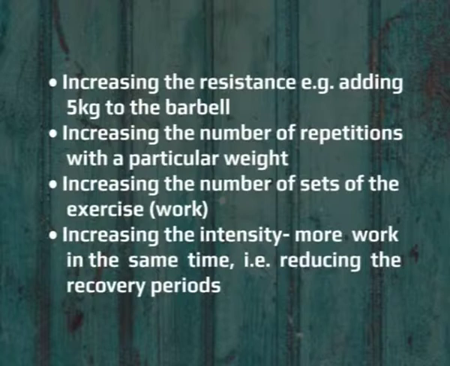Number 2, increasing the number of repetitions with a particular weight. Number 3, increasing the number of sets of the exercise. Number 4, increasing the intensity, that is more work in the same time, reducing the recovery period.